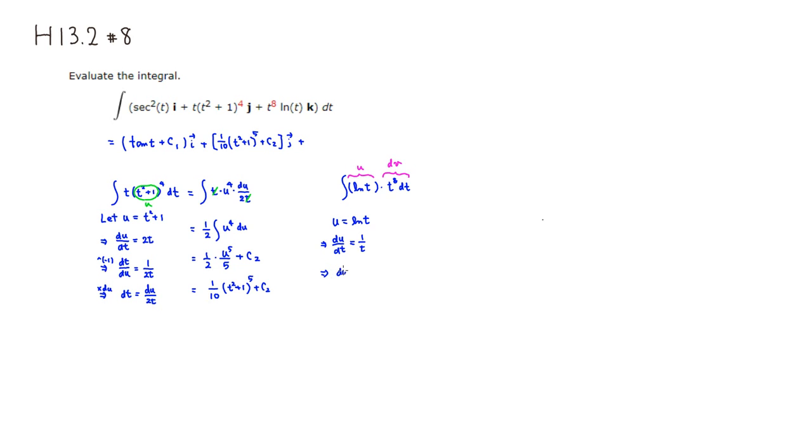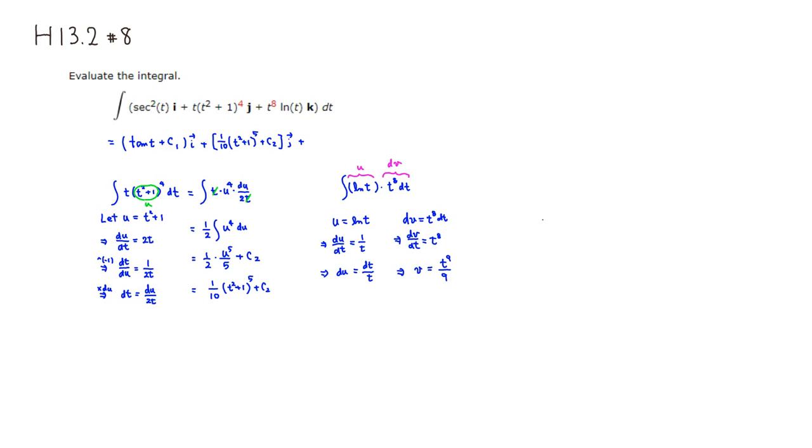So du is the same thing as dt over t. Then since dv is equal to t to the 8th dt, we divide through by dt and get dv over dt is equal to t to the 8th. By taking the antiderivative, we can find v, which is going to be t to the 9th power over 9.